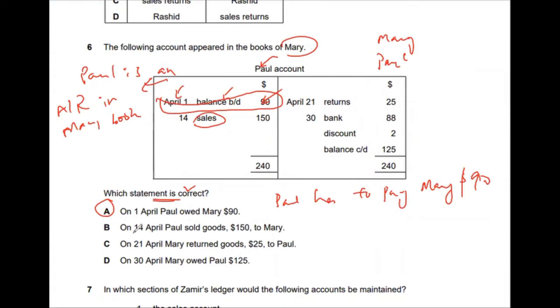So option A is correct. We will go through options B, C, and D and identify why they are wrong, because identifying wrong statements is equally important and part of your learning process. Otherwise there is no point.